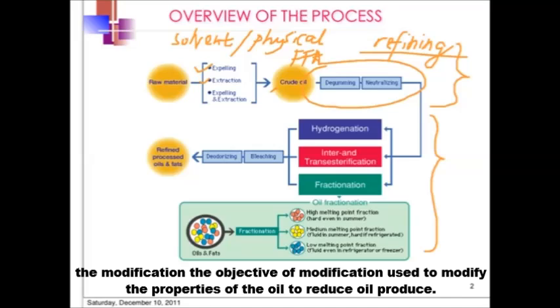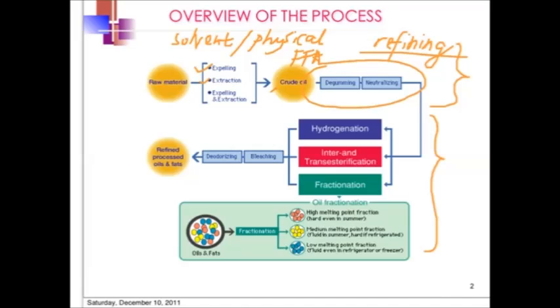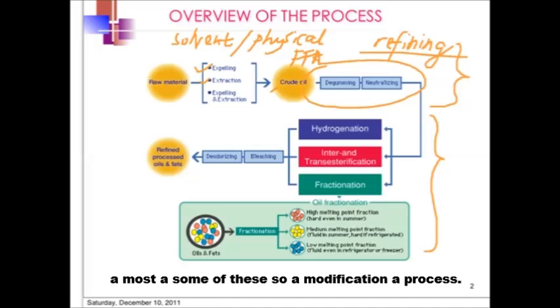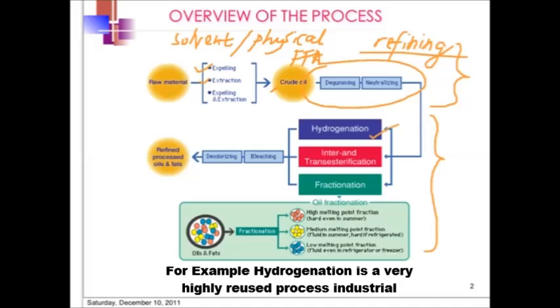The objective of modification is to modify the properties of the oil to produce oil products with different physical properties. Some of these modification processes are, for example, hydrogenation.